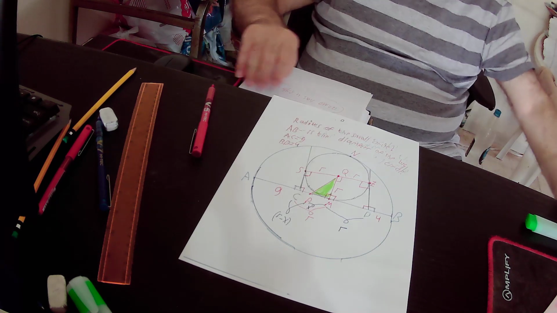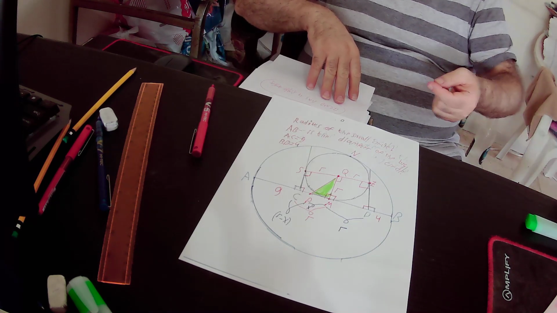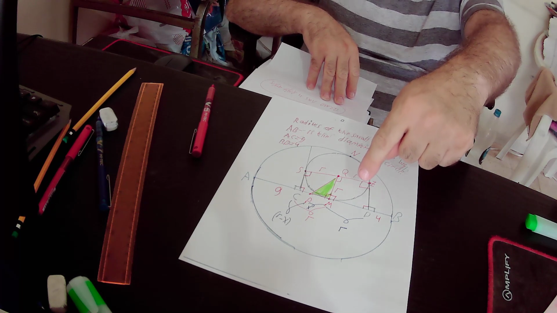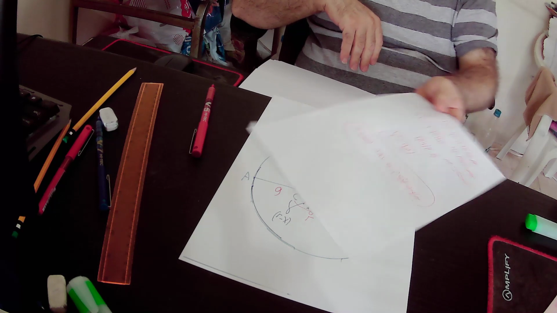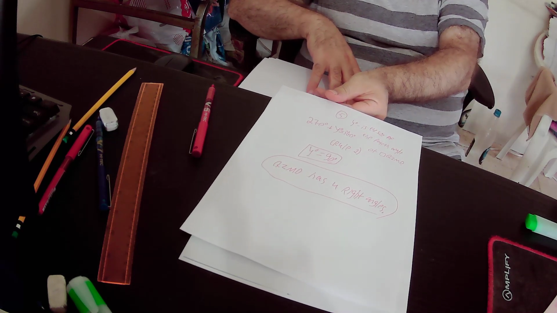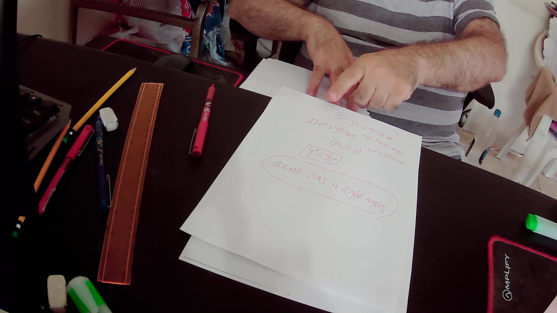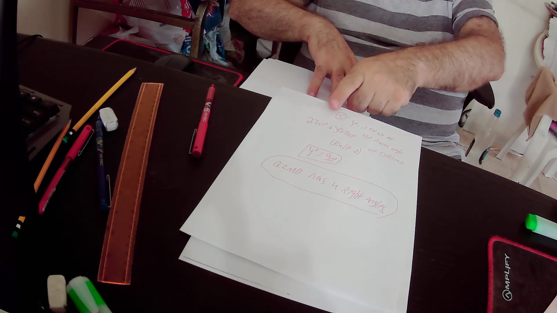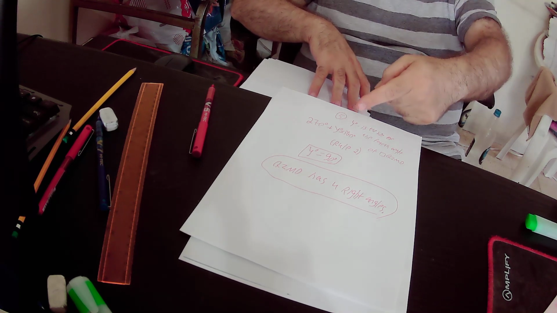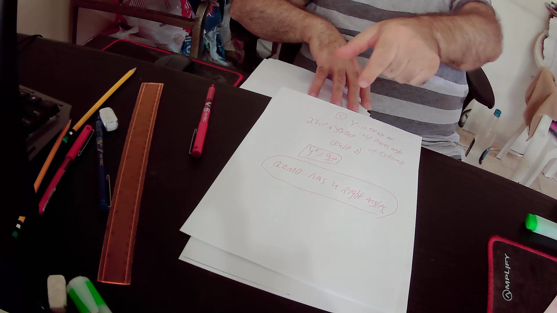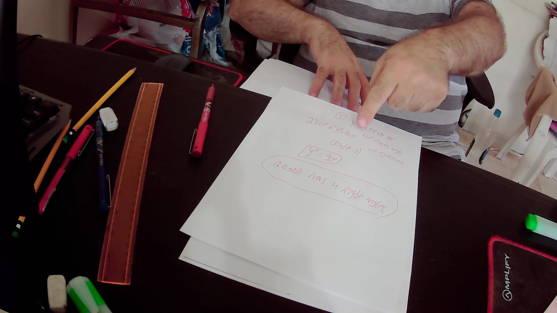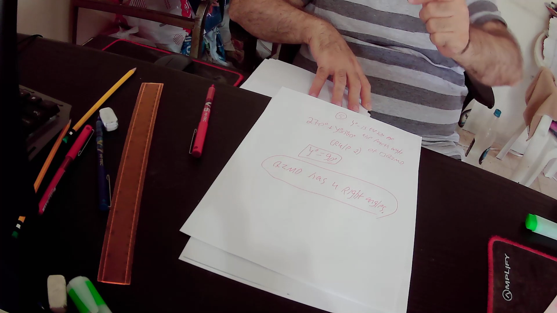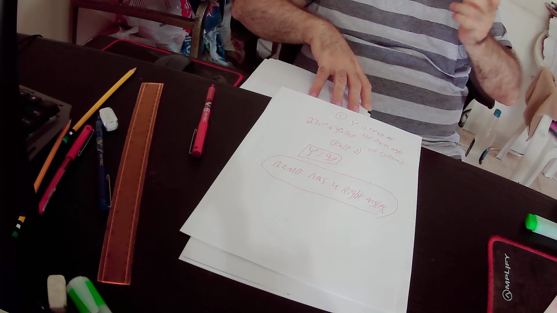Therefore, the sum of the angles in quadrilateral QZMD must be equal to 360 degrees. So we already have 3 angles whose sum is 270 degrees, plus the 4th angle. The sum of those 4 angles must be equal to 360 degrees, according to rule number 2.